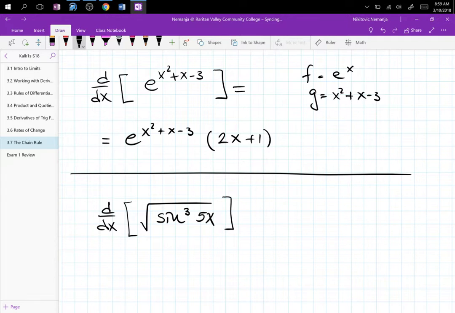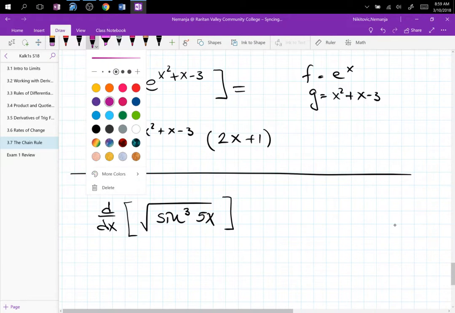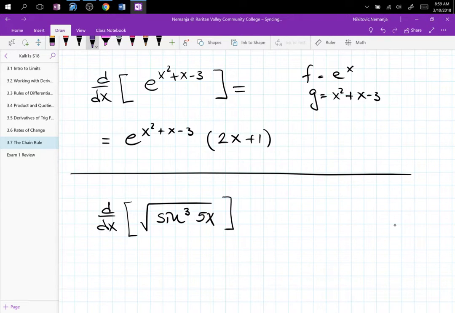Now, hopefully, as a notation, you guys know that sine squared x is actually sine x squared as a notation. You have the same thing for ln. So ln squared x is parentheses of ln x, everything squared.